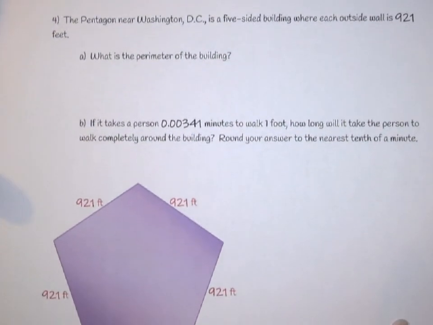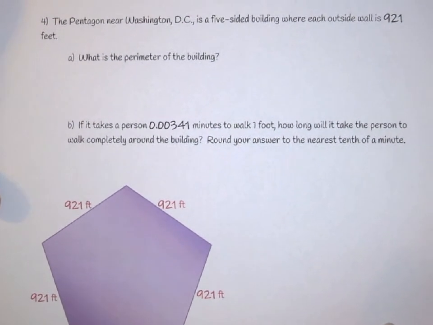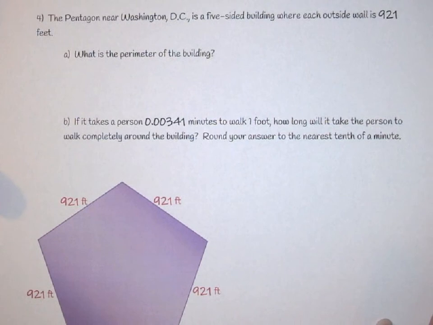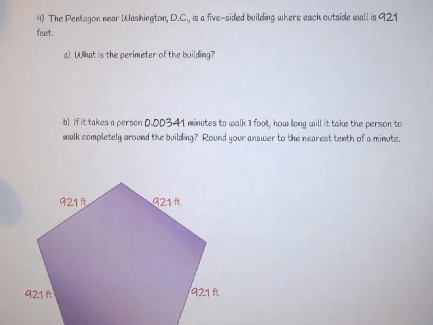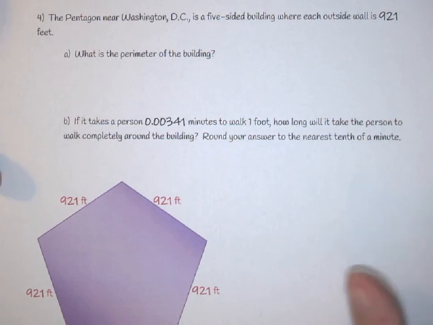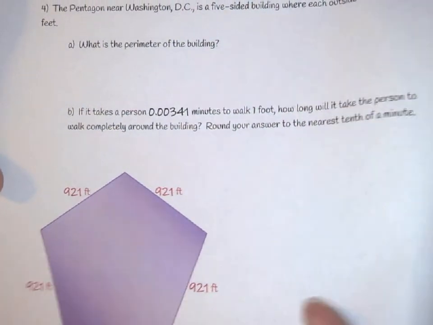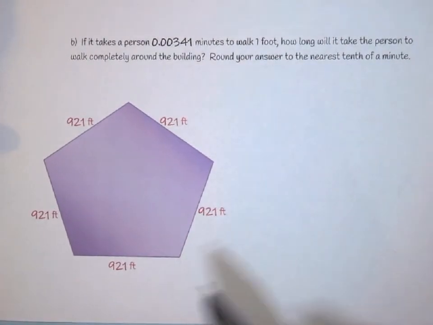Alright, so let's look at this last one here. This last one here says that the Pentagon near Washington, D.C. is a 5-sided building where the outside wall is 921 feet. What is the perimeter of the building? So first of all, down here in the bottom, I kind of drew a picture for you of what it is.